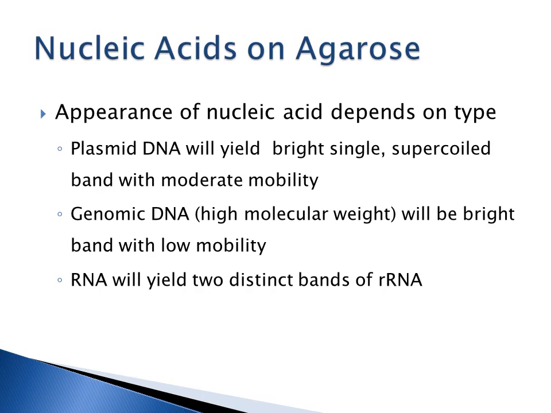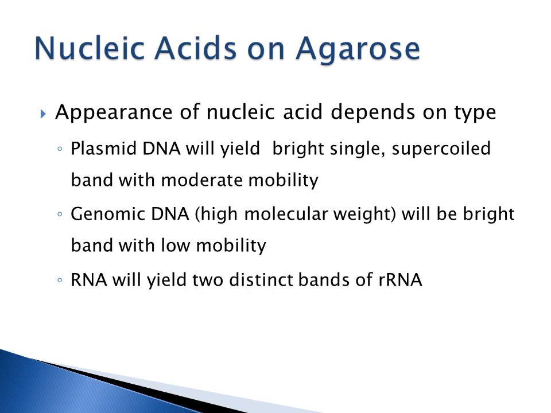How the nucleic acid looks on a gel depends on the type of nucleic acid that you've extracted. So plasmid DNA, and we're going to talk a lot more about plasmids when we talk about recombinant DNA methodologies in a couple of lectures. Plasmids are circular, self-replicating pieces of DNA, and many bacteria have plasmids in them.